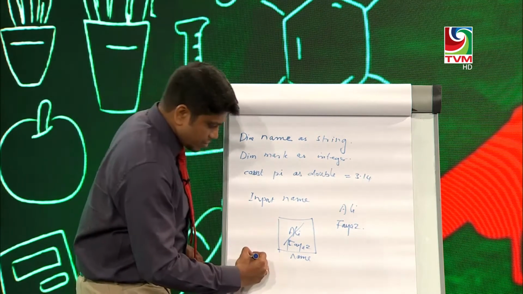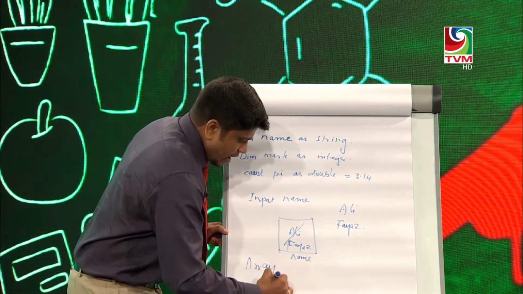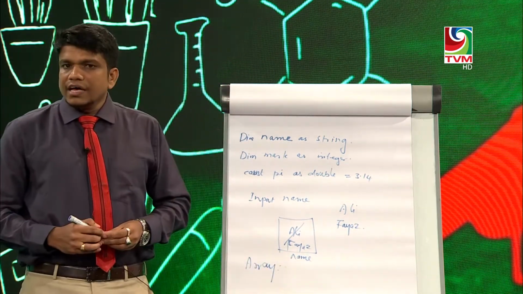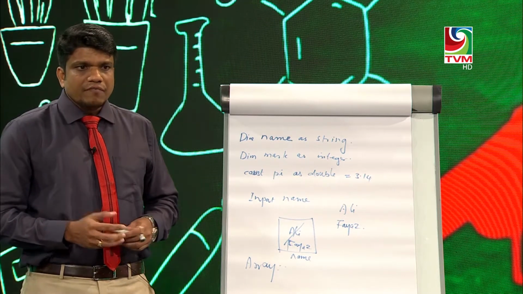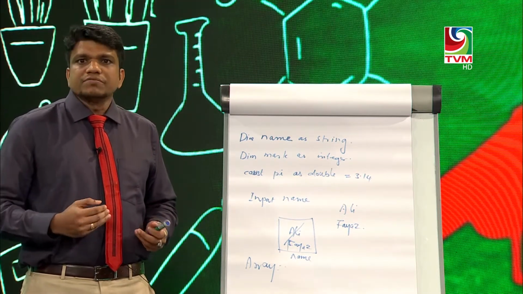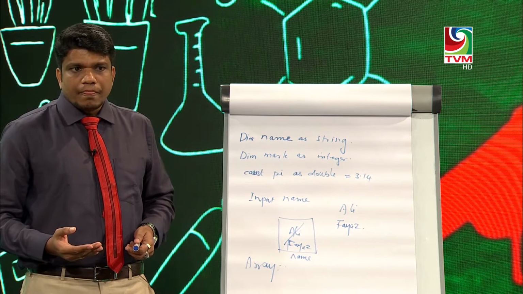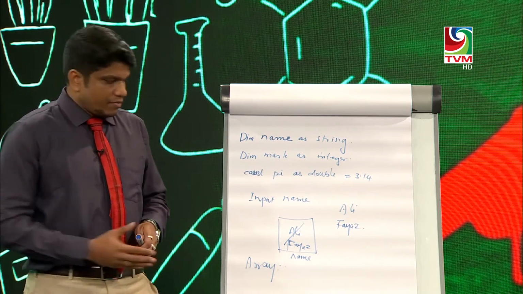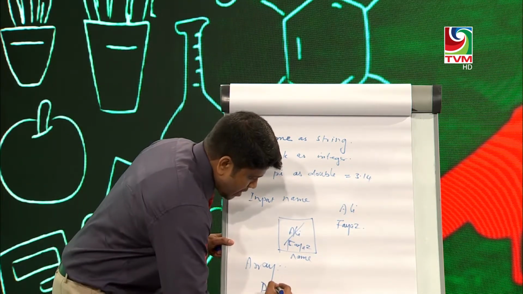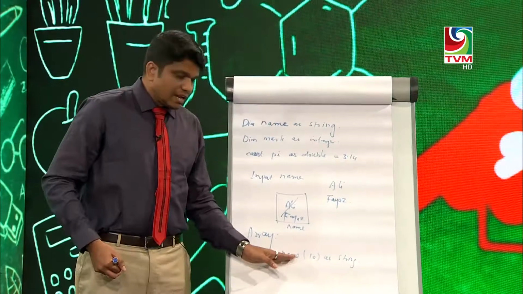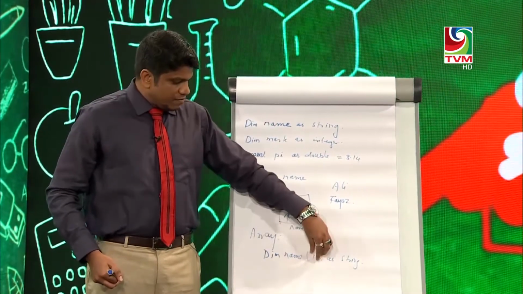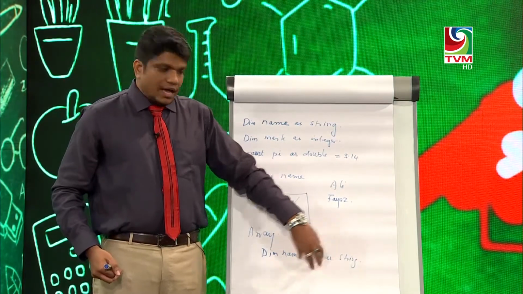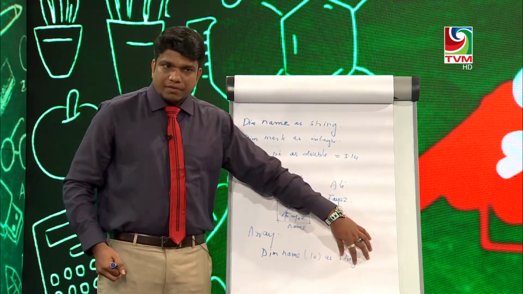And one more thing, next one is array. An array is a name of a memory storage which stores more values of the same data type with different indexes. For example, suppose I am taking Dim name(10) As String. That means name is an array name, the maximum number of values we can store is 10, and it takes the data type string.